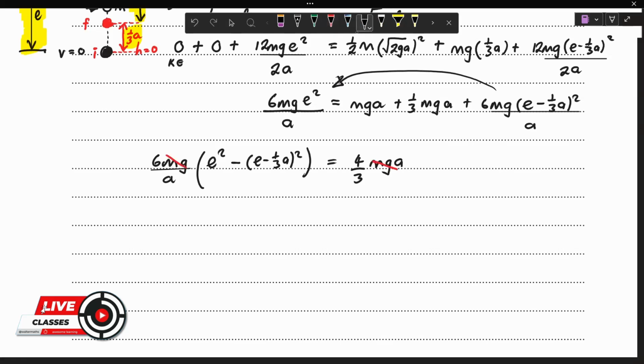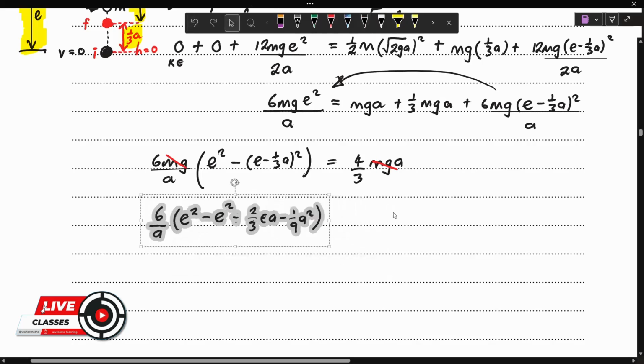On the left side, we'll be left with 6 over a of, expanding and simplifying, e squared minus, expanding this, e squared minus or plus 2/3 ea plus, so minus a ninth of a squared. I've just expanded that bracket and taken into account that there's a minus sign in front. All this is equal to 4 over 3 of a.